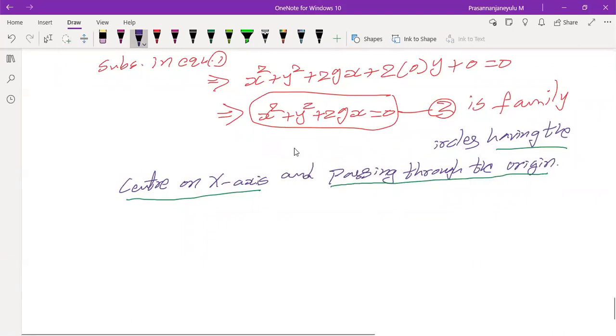So we got our required circles. To this, we need to find the differential equation. Now tell me, what are the arbitrary constants available here? g, only one. g is the arbitrary constant.